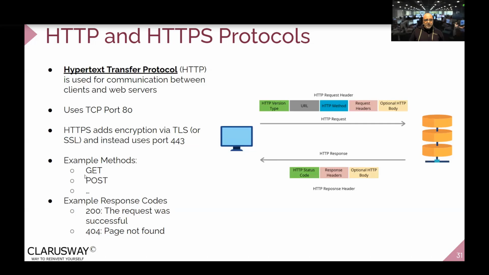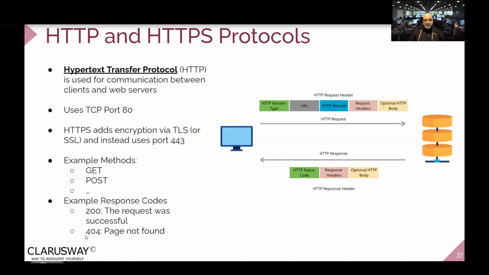Some of the methods here are GET, if you want to get information, and POST, if you want to put or store information, and there are a lot of others, but those are a couple of the key ones. And then some of the response codes, which you should sometimes see. There's a 200. Anytime you have a successful request, you get a 200 code.